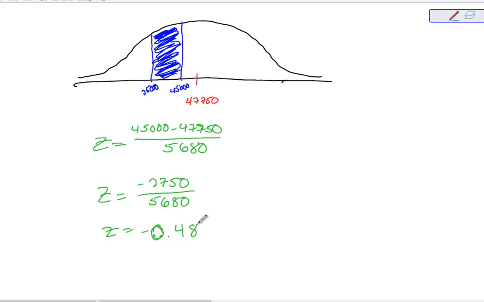We're going to do the exact same thing for 35,000. So I'm going to come over here and find out what 35,000 minus $47,750 divided by $5,680 is.